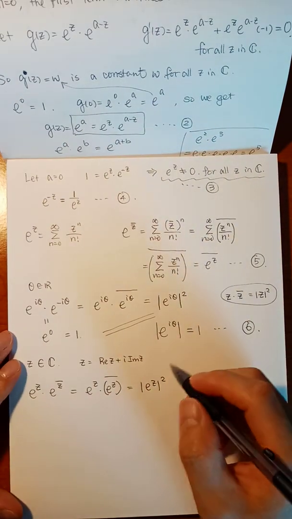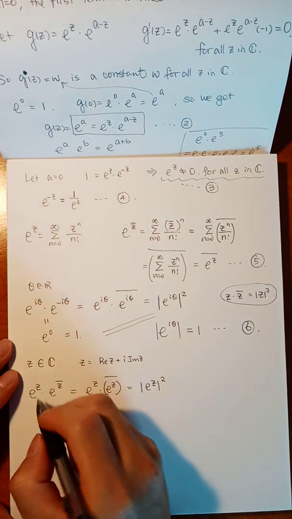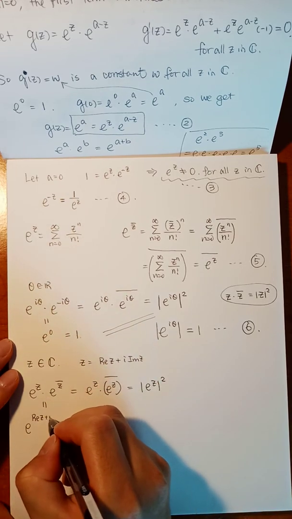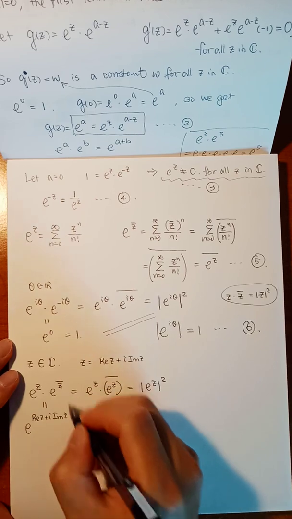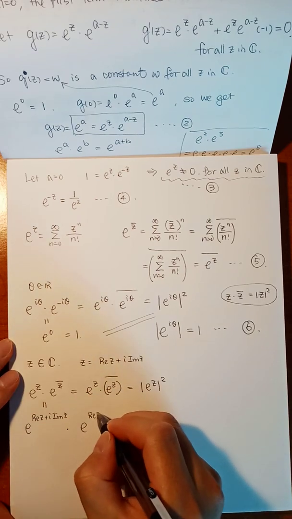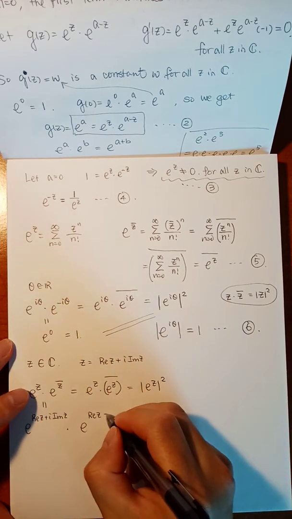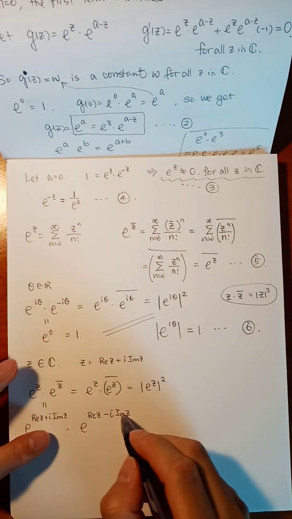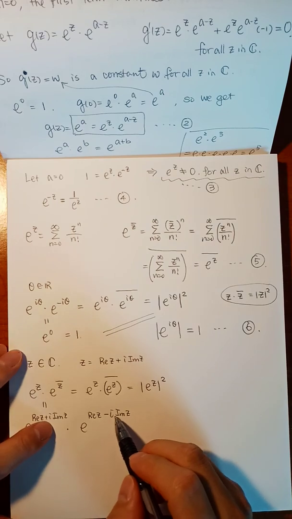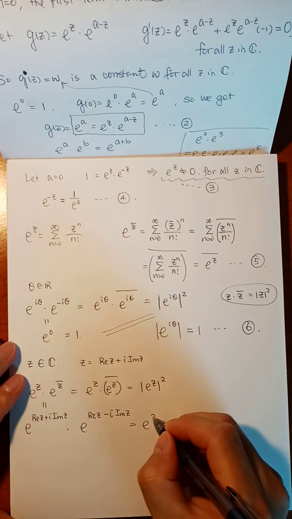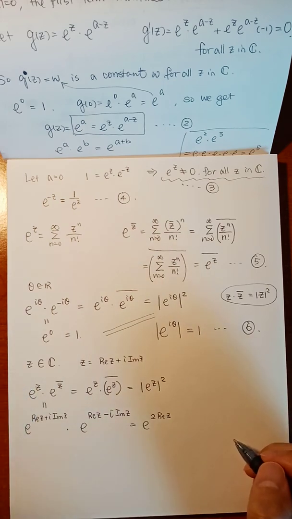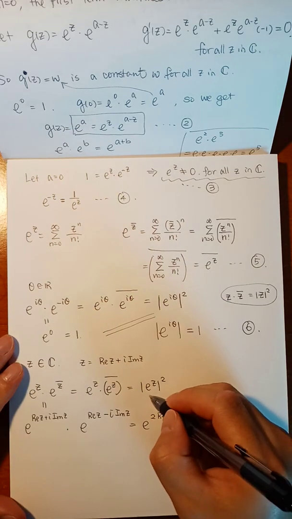And on the other hand, this is e to the real part of z plus i times the imaginary part of z. This is the real part of z with the complex conjugate, minus i times the imaginary part of z. And when you add them, you have additivity. So the plus and minus cancel. It's e to twice the real part of z. Right? So what we get is they are equal to each other.